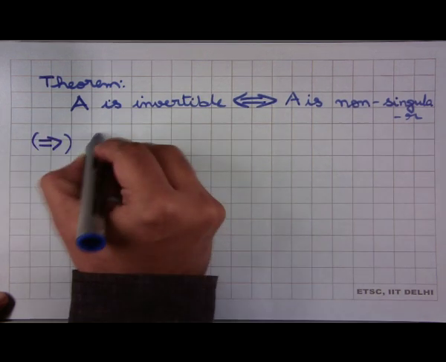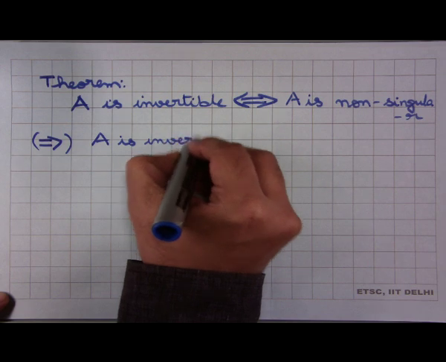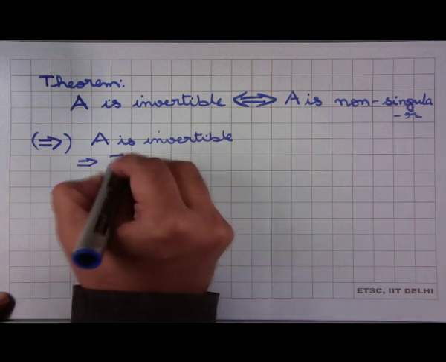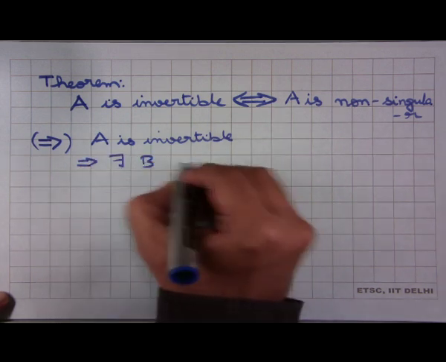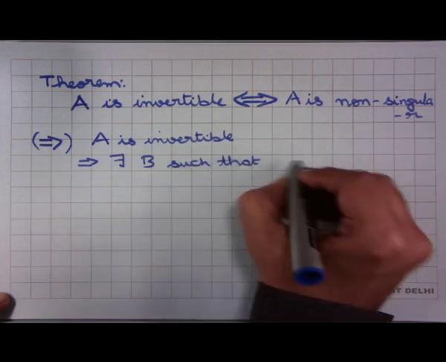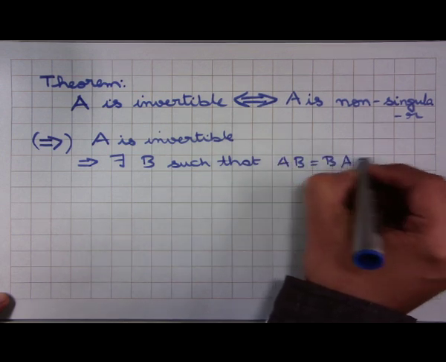So, let us look at this part first. If A is invertible, that means that there exists a matrix B such that A times B is equal to B times A equal to identity.